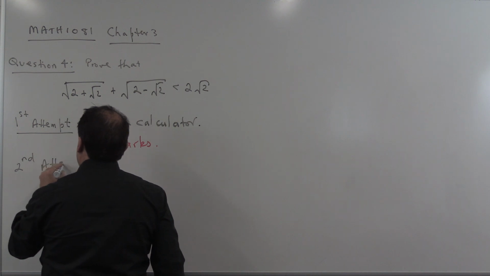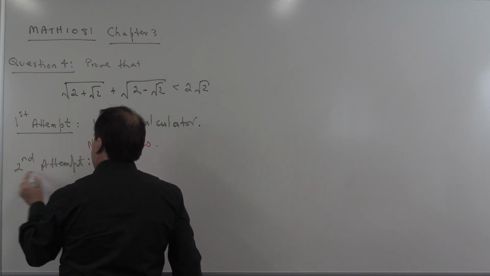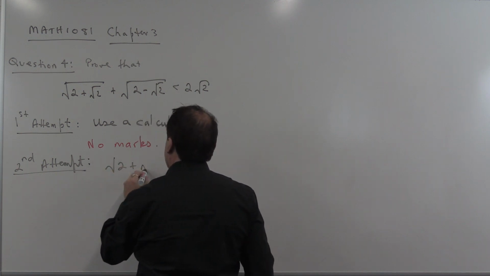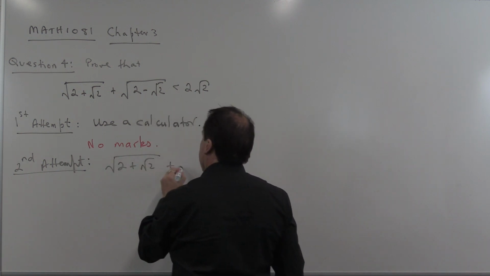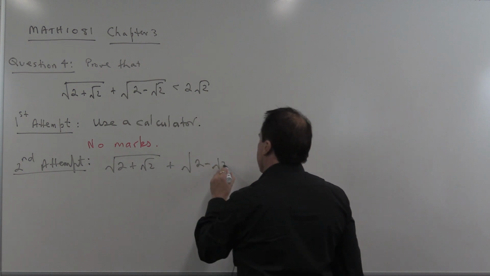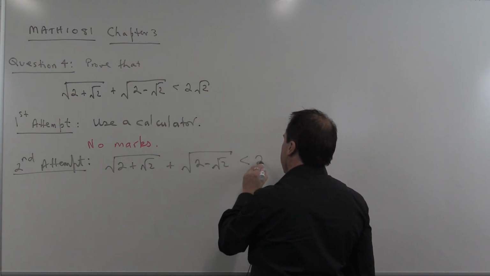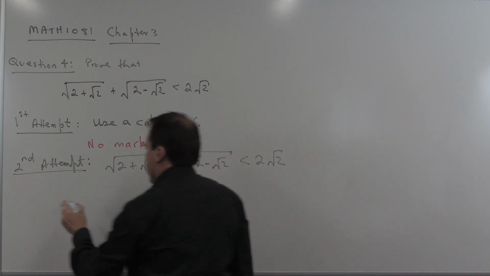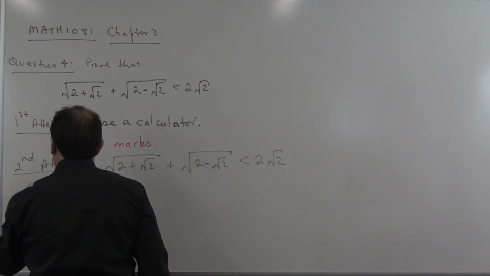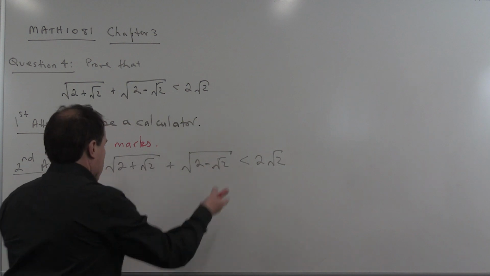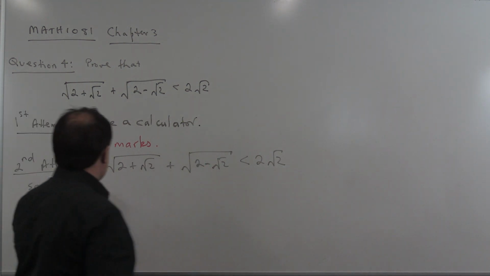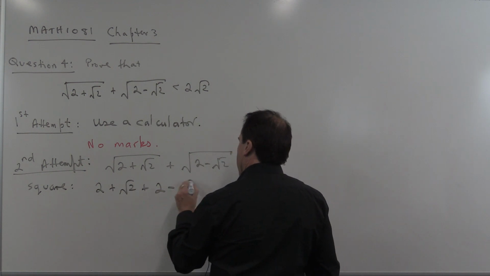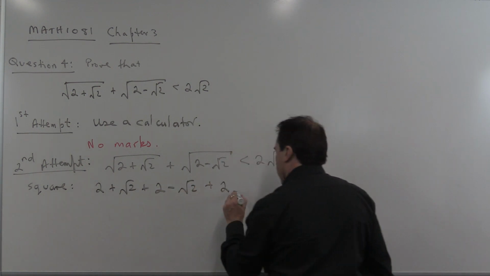So second attempt, and I start with the thing I'm trying to prove. So I've got 2 plus square root of 2 plus root 2, square root of 2 minus root 2 is less than 2 root 2. There it is, and I'm going to square both sides. So I square, everything's positive. I square both sides, square the first, square the second, times them together and double it.